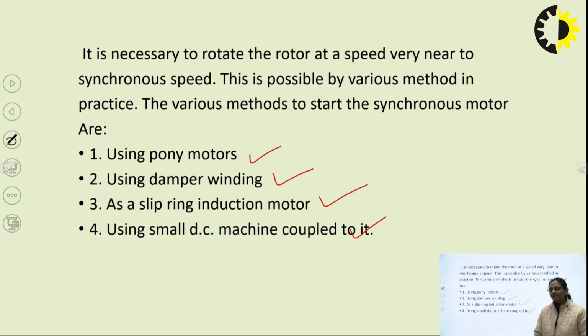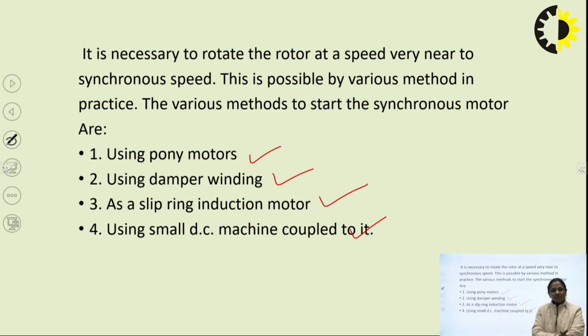So for magnetic locking, let us first understand what is required for magnetic locking to take place. For magnetic locking to take place, it is necessary to rotate the rotor at a speed which is very near to the synchronous speed, and at that instant of time, the conditions must be favorable.